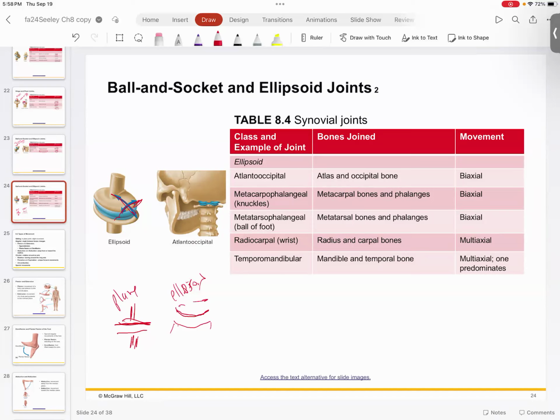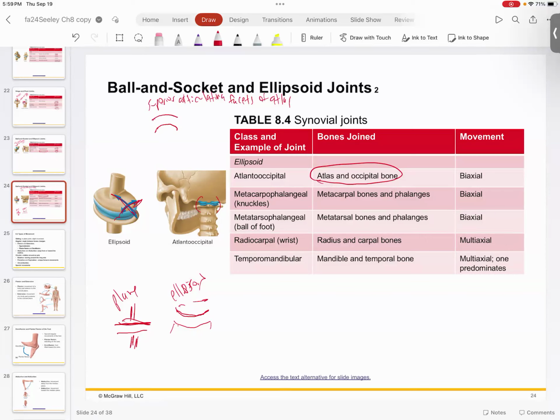The best way to look at it is the atlas and the occipital bone. For instance, the articulating facets of the occipital bone, the occipital condyles, are slightly poofed out, almost pillow-like, slightly raised in nature. And then the superior articulating facets of the atlas are slightly depressed.